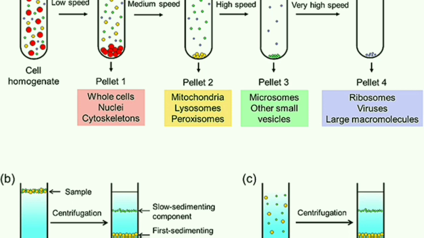It is a centrifugation in which a sample is loaded above a density gradient. This is subjected to centrifugation based on size. The faster one sediments first, and the slower one is obtained second. Next is isopycnic centrifugation. This centrifugation is based on density.